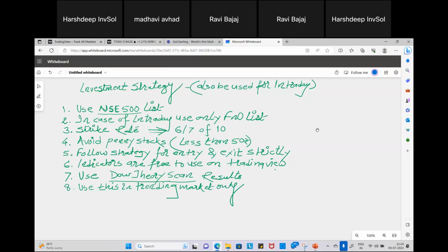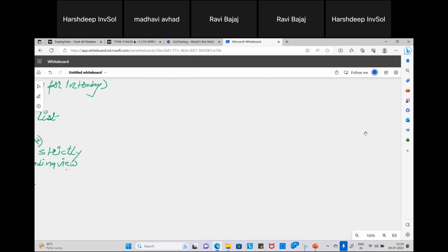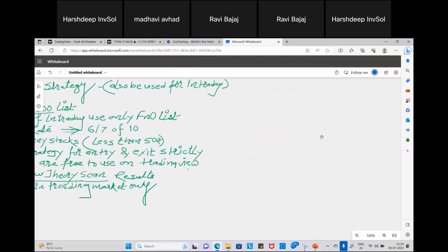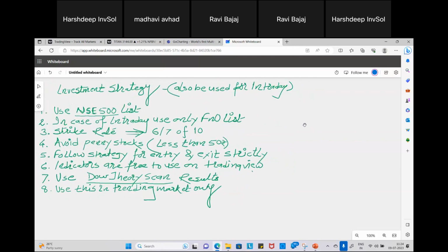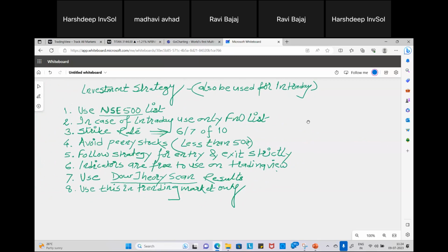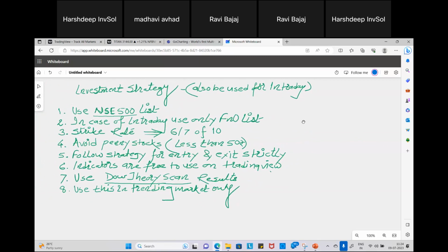Fine. I'm adding those pointers so that you don't miss out. Very, very important. Whatever I'm writing has to be ideally followed strictly. Right? Fair enough.